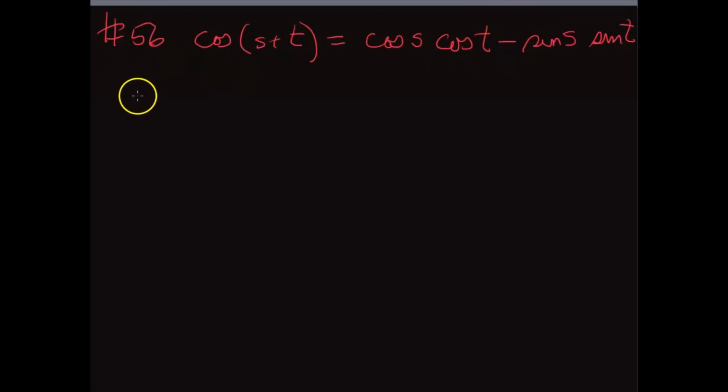We're given that the cosine of s is the square root of 2 over 4, and the sine of t is negative square root of 5 over 6.